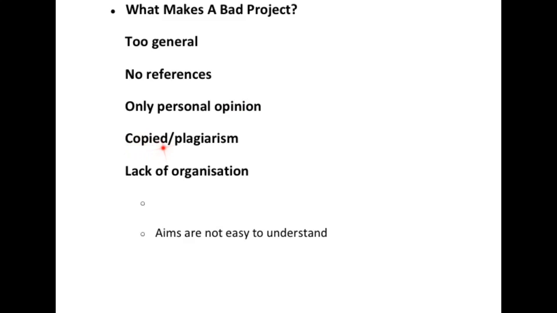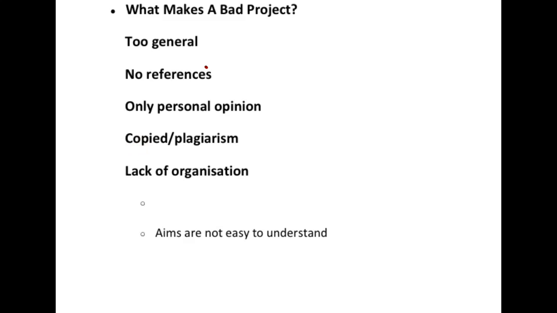This is a major problem. You want to avoid this at all costs, otherwise you risk failing. If your project is copied from somewhere else, if you've plagiarized your project from somewhere else. So, in a sense, these sections go together.